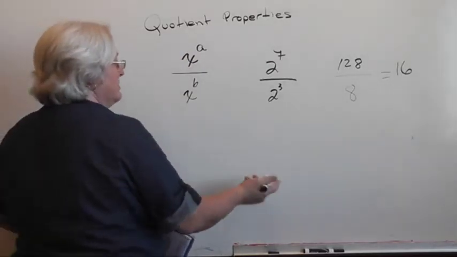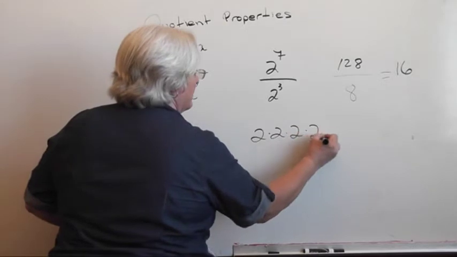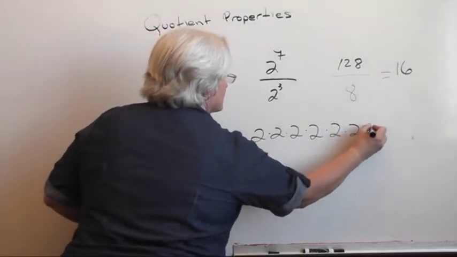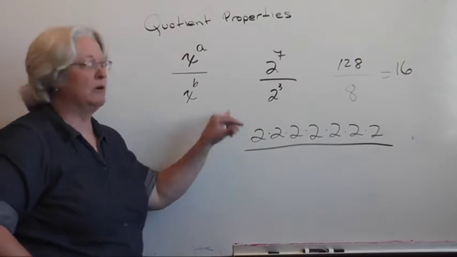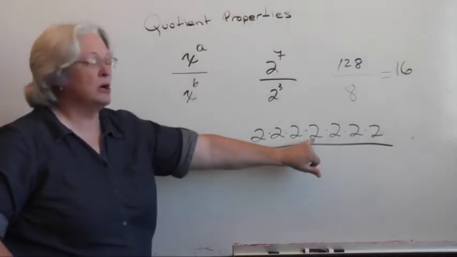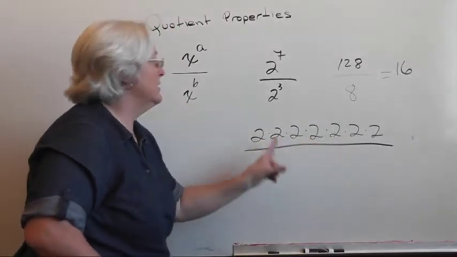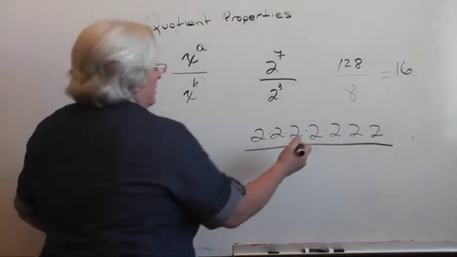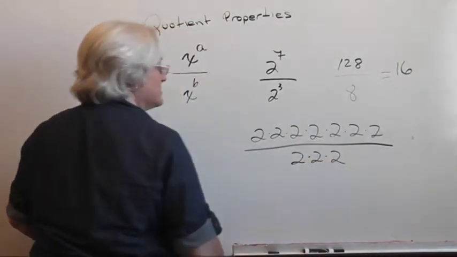2 to the 7th is 7 factors of 2. 2, 3, 4, 5, 6, 7. Perfect example here of how exponentiation is a fast way to show repeated multiplication. 1, 2, 3, 4, 5, 6, 7. 2 cubed uses 2 as a factor 3 times.